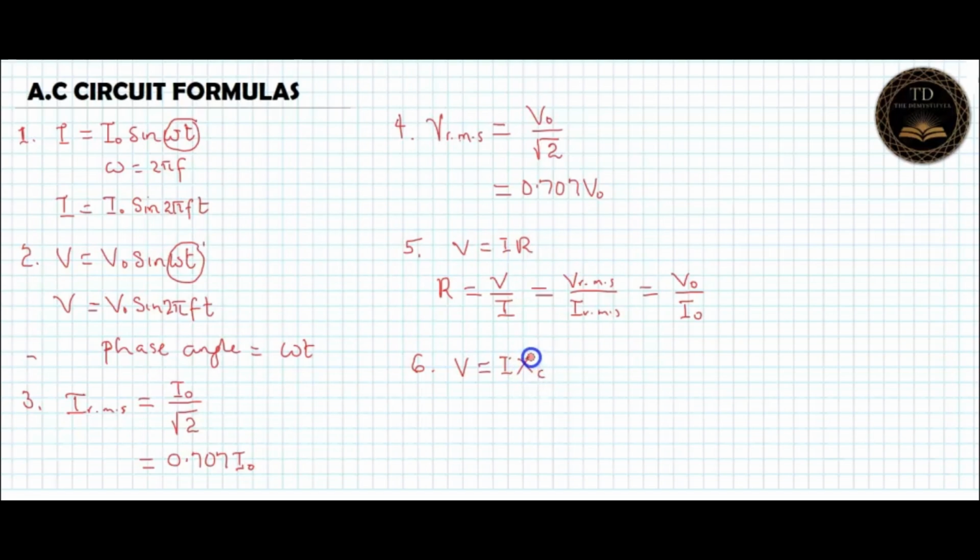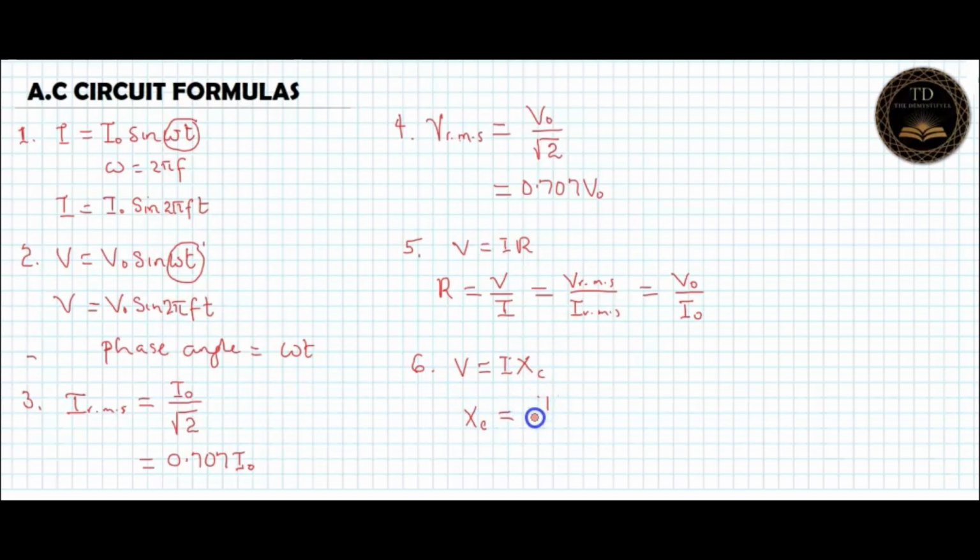You see that it's replacing the R here, the resistance. So when you have a capacitor in an AC circuit, instead of using this, you use this.